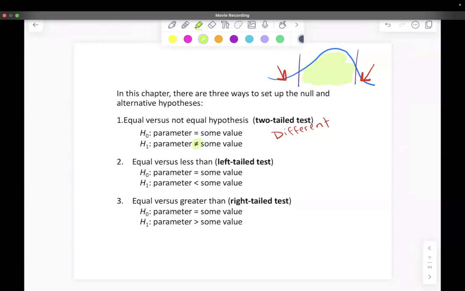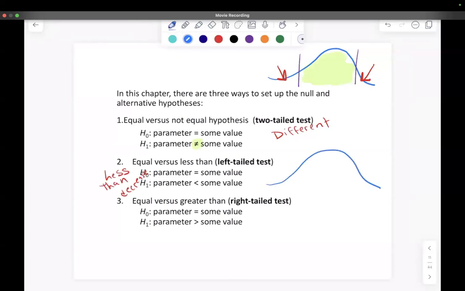For number 2, you're going to see the words less than, or decreased, or something to that effect. You'll see that with a left-tailed test. With a left-tailed test, draw the picture.